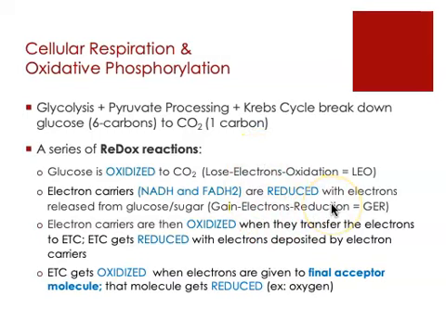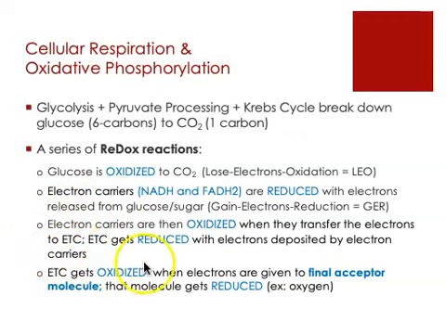And they're going to then carry those electrons and pass them on to the next stage. They're going to give up those electrons that they're carrying when they transfer them into the electron transport chain. So those same carriers that got reduced when they gained electrons, they're going to get oxidized when they give those electrons up. They're going to give them up to the electron transport chain.